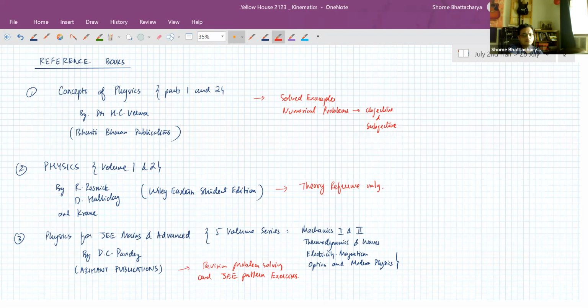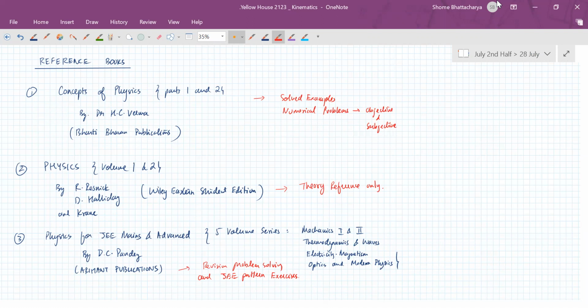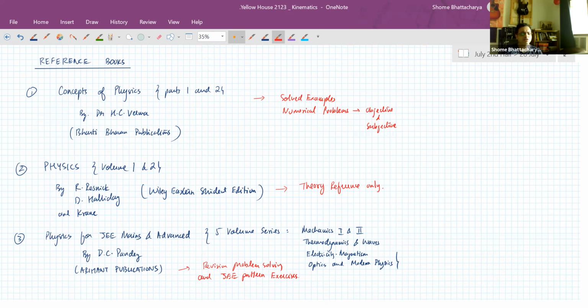Sir, which are the books which we have to get immediately? Like, immediately, Concepts of Physics part 1 will have the mechanics portion. Similarly, Physics volume 1 will have most of the class 11 chapters. Similarly, Mechanics 1 will have all the kinematics and Newton's laws. Mechanics 2 you will probably need by next month or another 5 weeks or so.